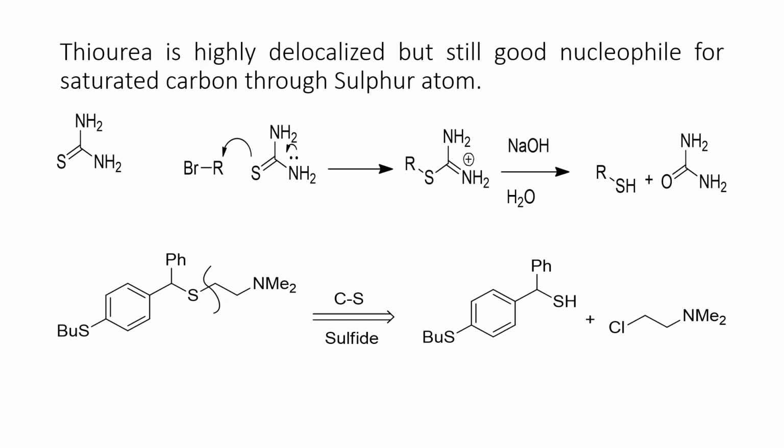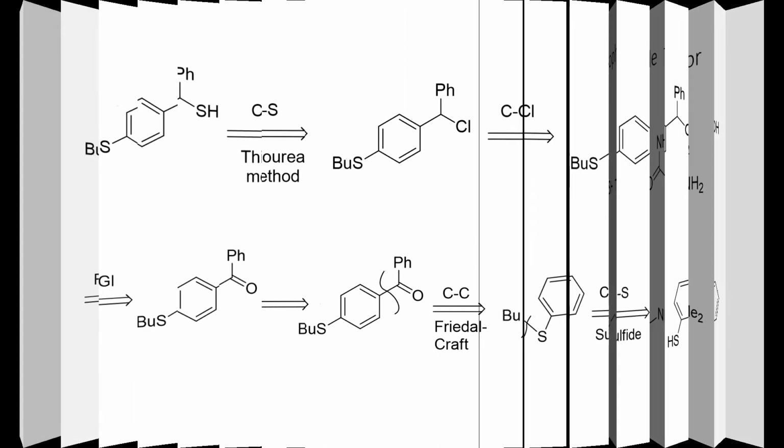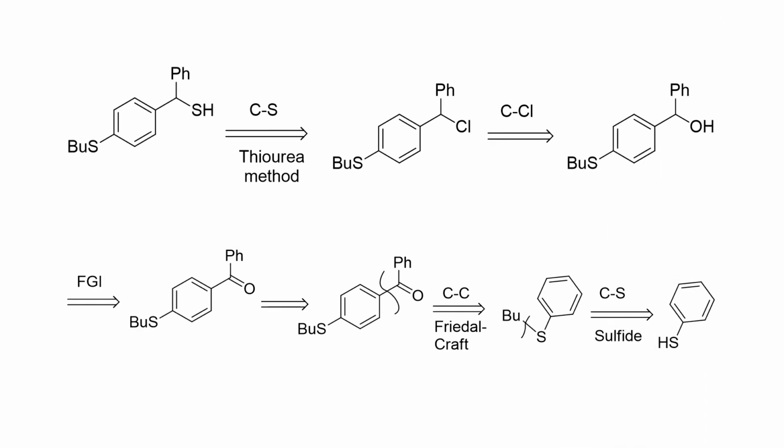Let us see in the next. Here is the second step of the retroanalysis of the thiol. Again the C-S bond will be disconnected and we will get the phenyl chloride with the phenyl group, and again in the second step this chlorine group will be changed into the OH group. This OH group will be changed through functional group interconversion into the ketonic group.